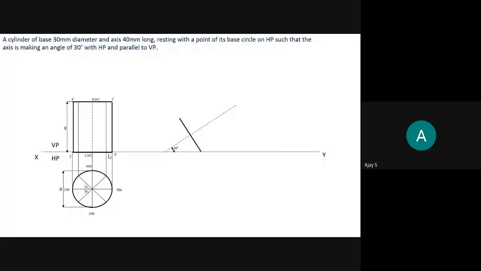I construct the base, and on that I draw perpendicular lines with respect to this base, so I can get the entire thing. With the center, you mark 40 mm, cut an arc, and you can draw B dash, D dash. There you can reconstruct a parallel line and then join A dash, 1 dash and C dash, 3 dash.